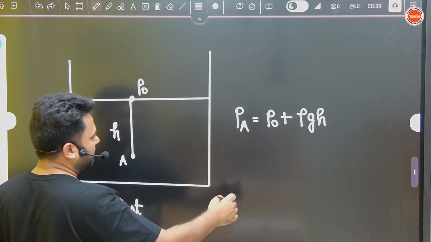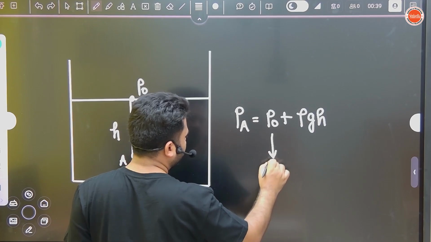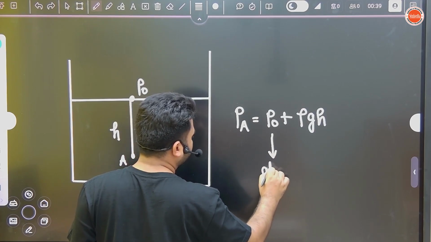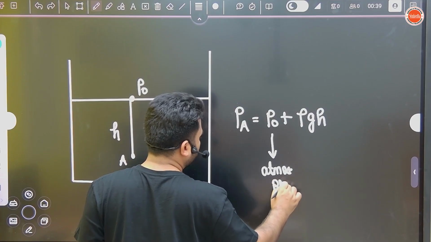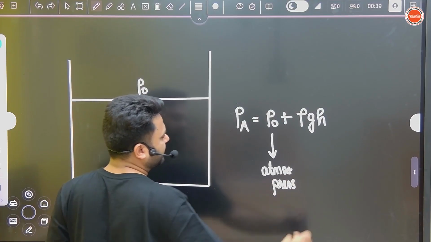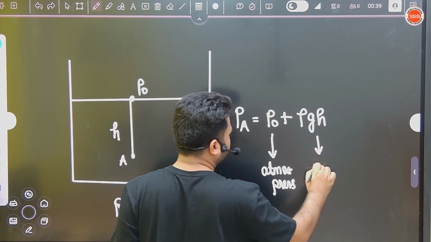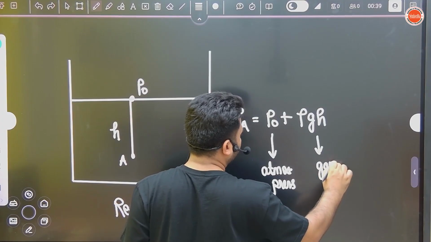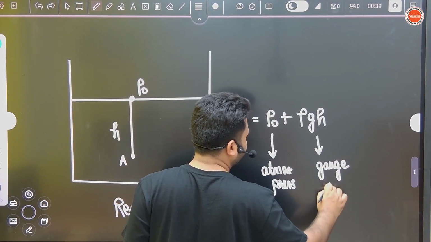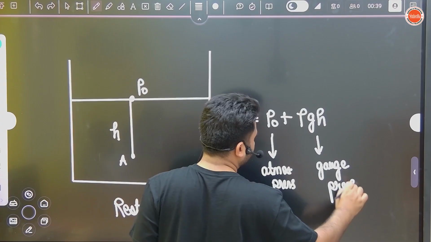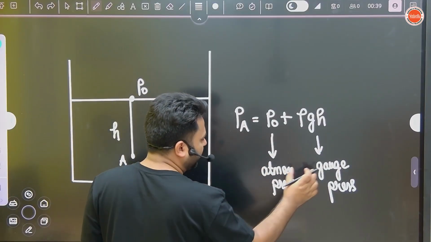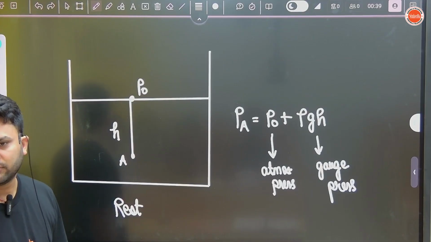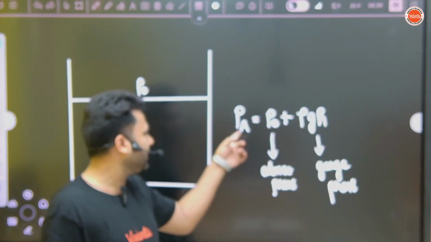Now this P naught is what? Atmospheric pressure. This extra pressure is called gauge pressure. And the sum of this atmospheric pressure and gauge pressure, or you can say the total pressure at point A, is what?